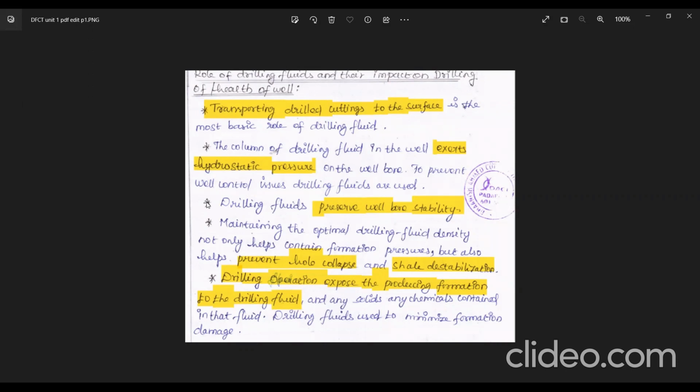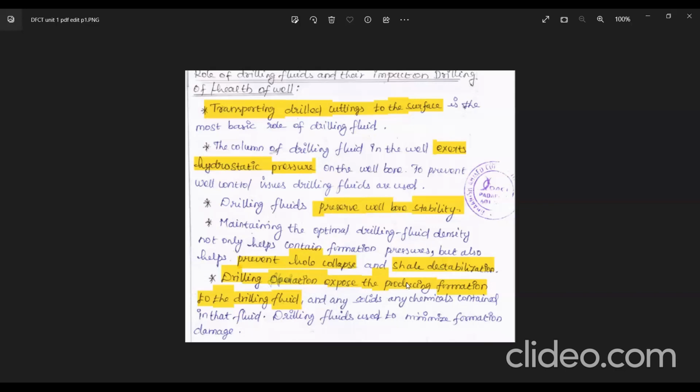Skipping the first paragraph, let's get into the role of fluids and their impact on drilling and the health of the well. It is to transport the drilling cuttings to the surface, it exerts hydrostatic pressure, increases wellbore stability, prevents hole collapse and shale destabilization.